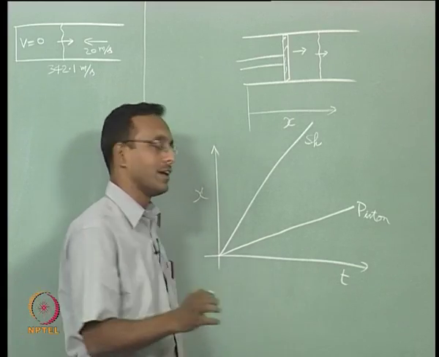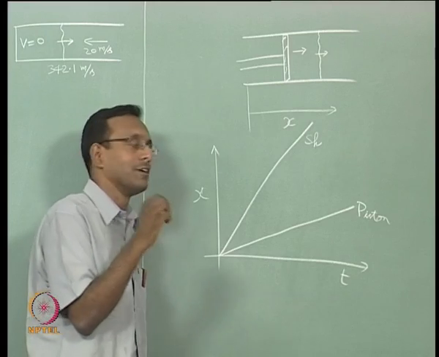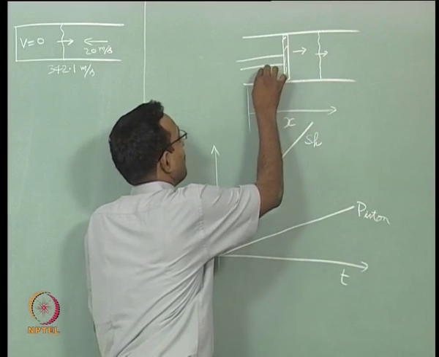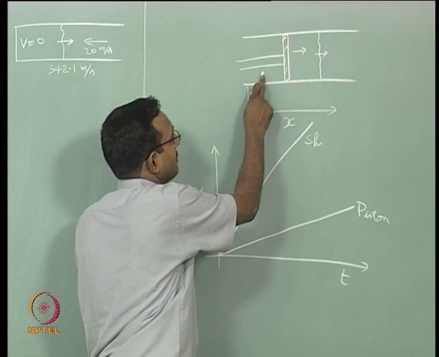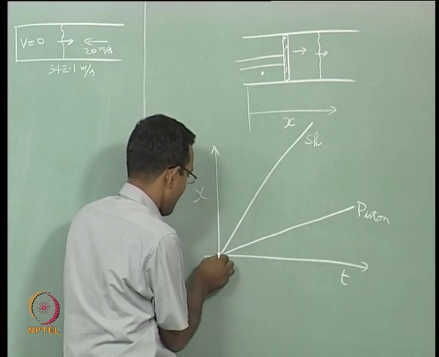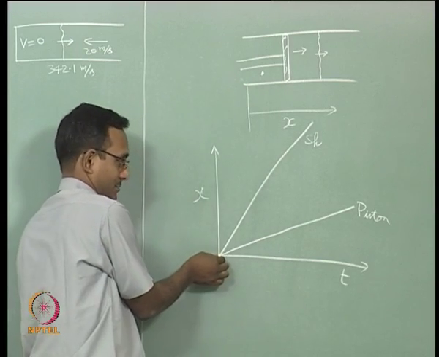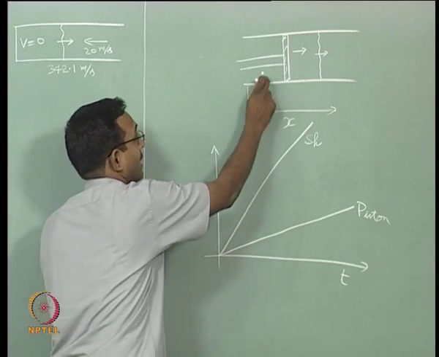If I want to look at, say, a particular particle of fluid which was sitting somewhere, let us say I will pick a fluid particle that was originally sitting here at t equal to 0 when the piston was actually sitting here. If I pick such a case, the piston initially was here at x equal to 0 and the particle was at x more than 0.